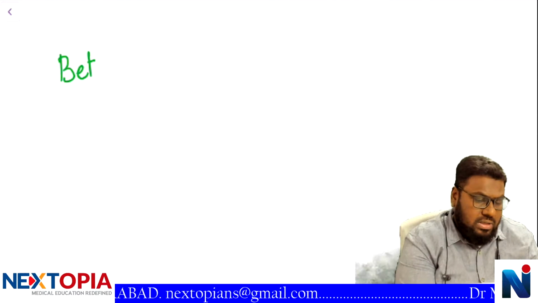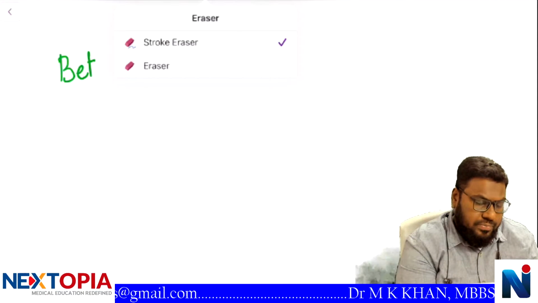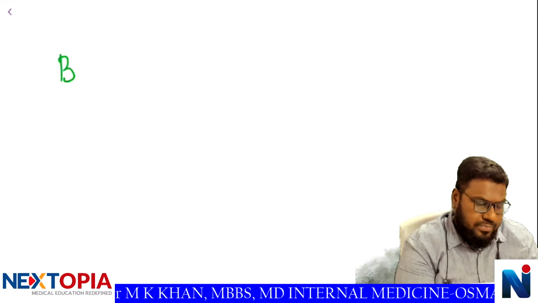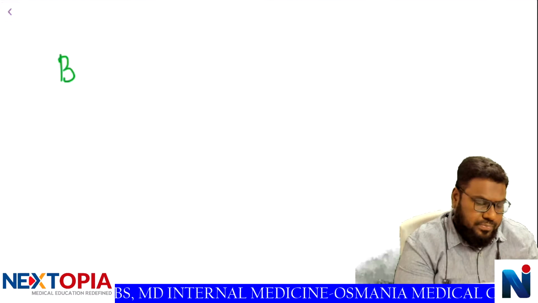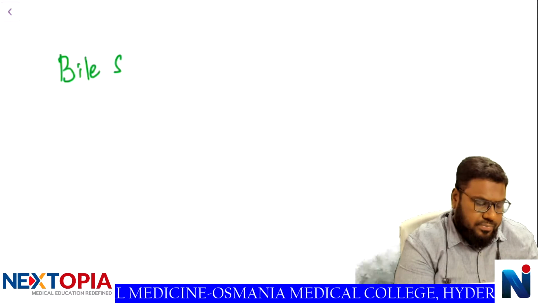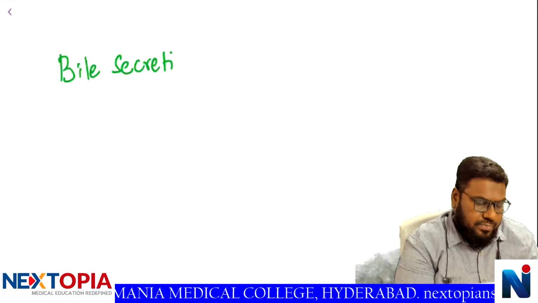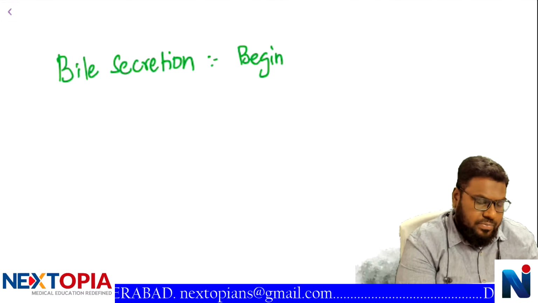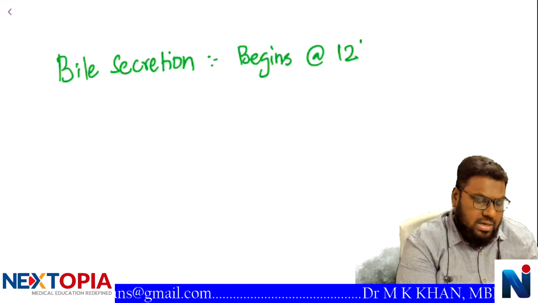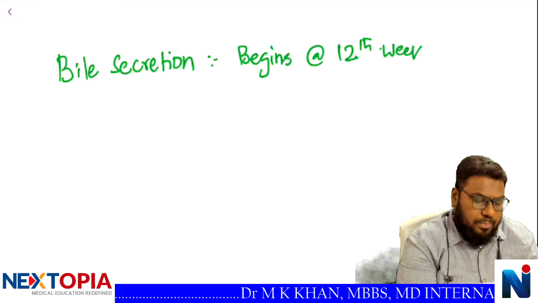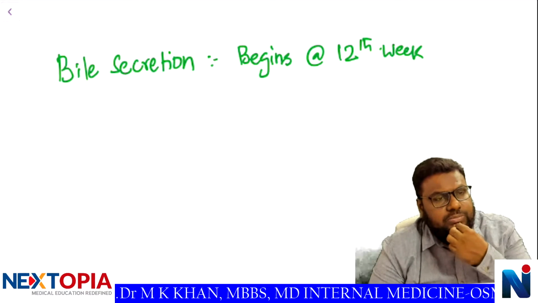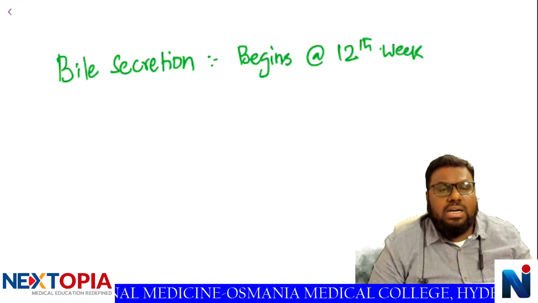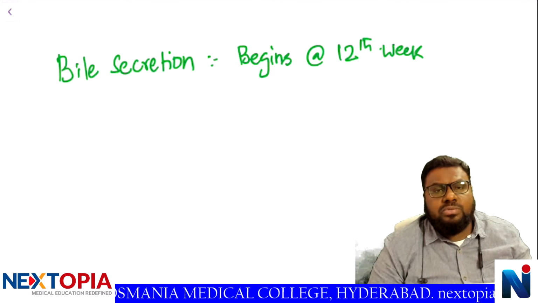Bile secretion begins at the 12th week. At around the 12th week of intrauterine life, the bile is released into the foregut, in the second part of the duodenum, and through the intestine.